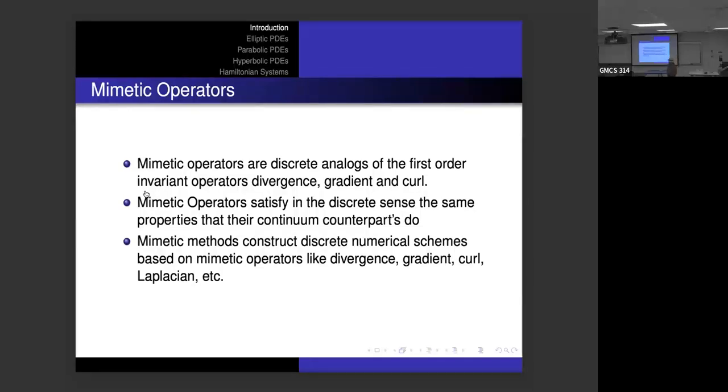For that reason, we believe, and I think we have demonstrated many times, that they're more faithful to the physics, because the same properties that they satisfy in the continuum are satisfied in a discrete sense by these operators.